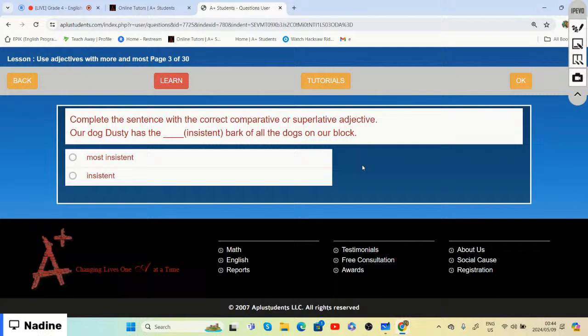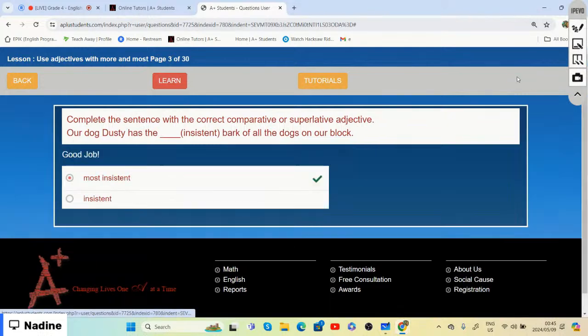So this is a superlative adjective. All right, so we will go with option one. So well done. Option one is correct. It is the most insistent bark.